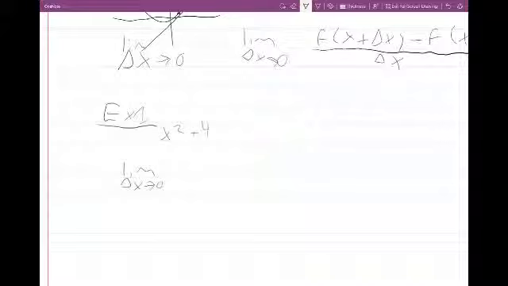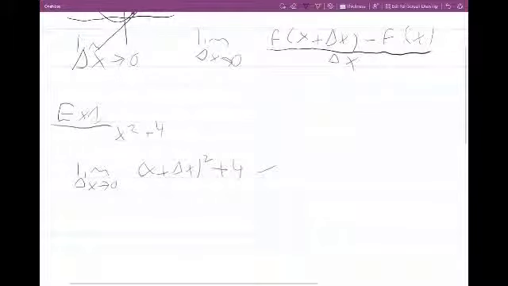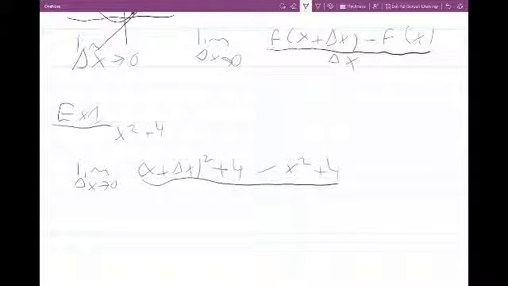So it would be the limit of x plus delta x squared, because you replace every x value in the equation with x plus delta x, plus 4, minus, you subtract the original equation, x squared plus 4, all over delta x.